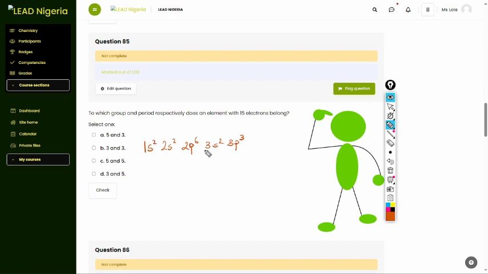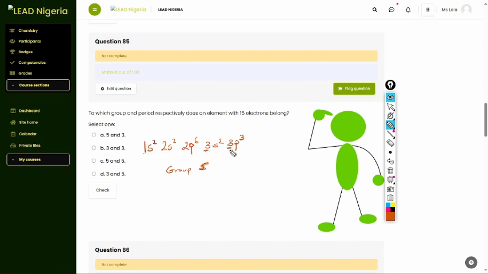Now, the group of this element is found from the total number of electrons in the outermost shell. The outermost shell here is shell 3. So we sum the electrons here. 2 plus 3 is 5. So it means it belongs to group 5. Now the period tells us the total number of electron shells it has. So the electron shells are represented by the numbers we see here.